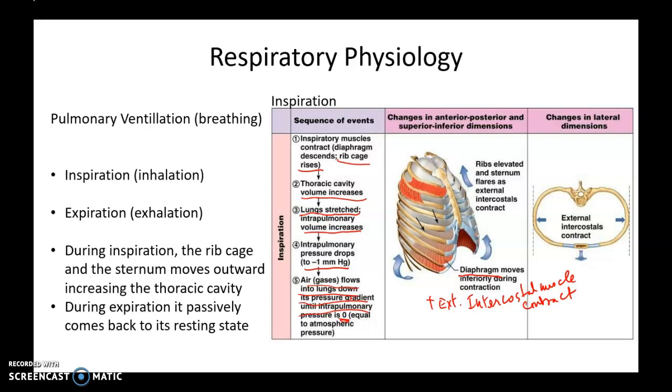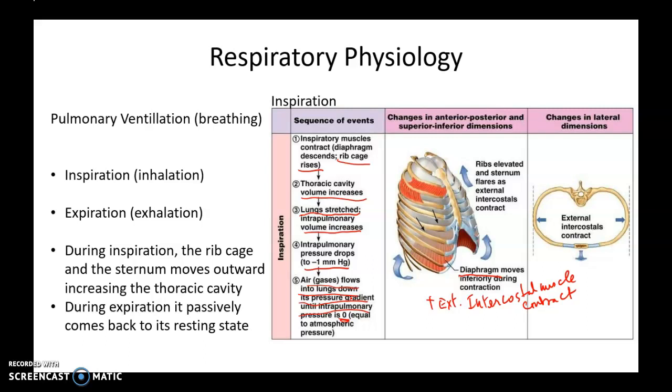But let's review this one more time real quick. We are looking at the mechanism of inspiration, meaning we are breathing in air. Two muscles are responsible for this process: the external intercostal muscles, which are attached in between the ribs, and the dome-shaped diaphragm. These two muscles contract.